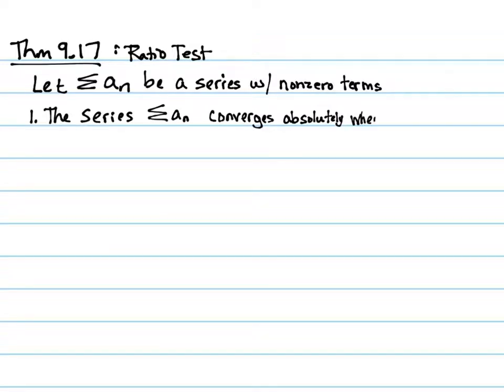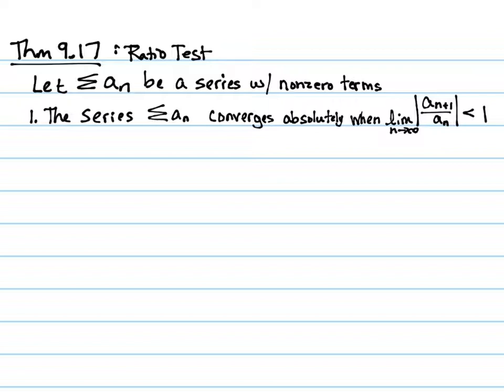This happens when the limit as n goes to infinity of the absolute value of a sub n plus 1 over a sub n is less than 1.